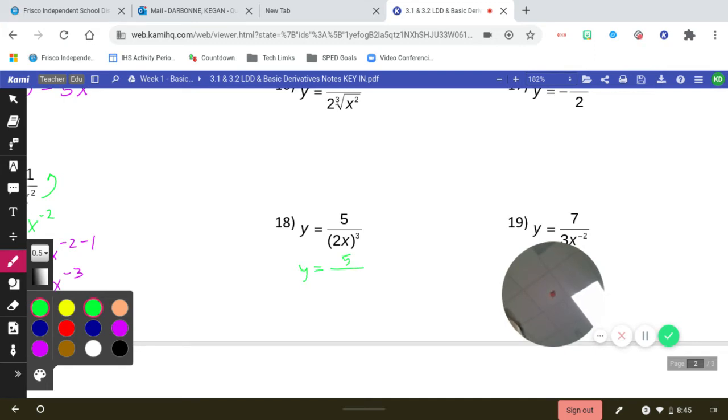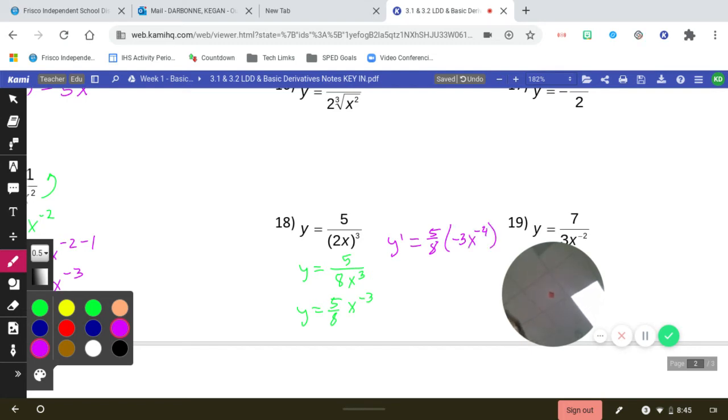this is going to become y is equal to 5 over 2 cubed, which would be 8, and then x cubed is x cubed. So now I can change this to be y is equal to 5/8 x to the negative third. And now I can apply my derivative. So y prime is equal to 5/8 times negative 3x to the negative fourth.